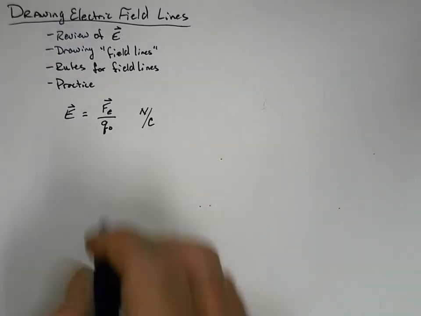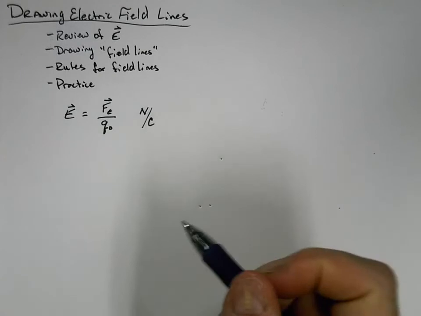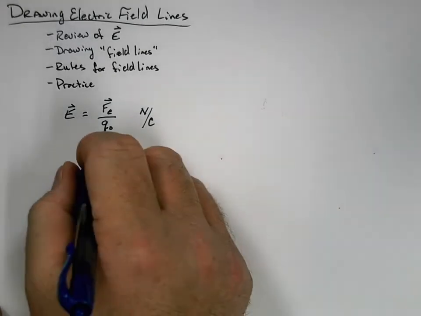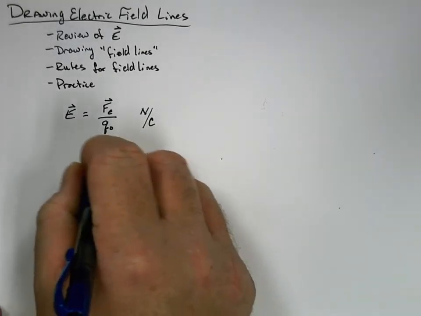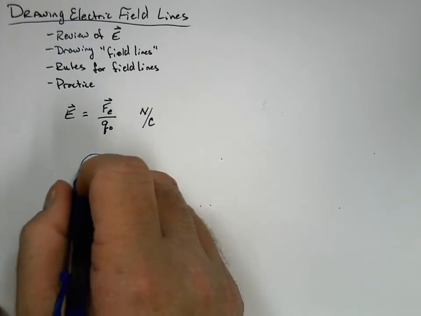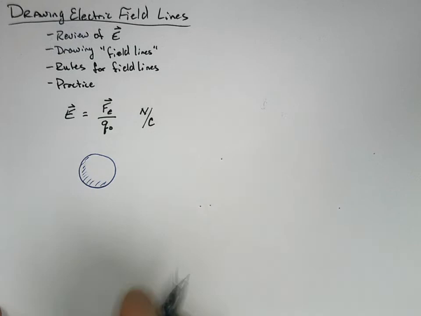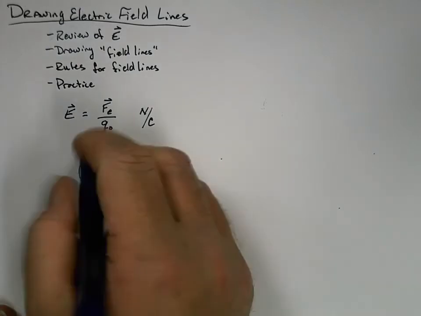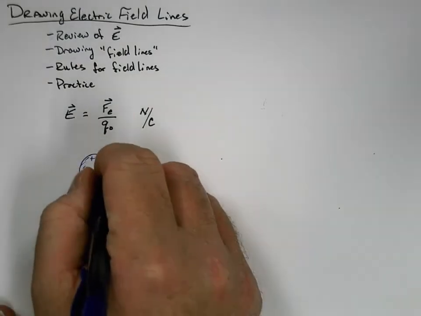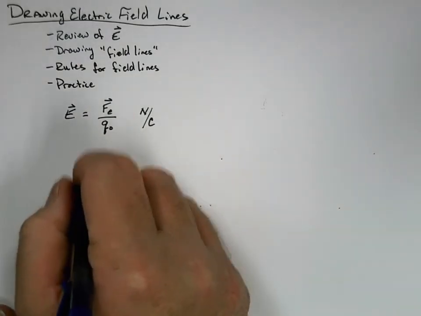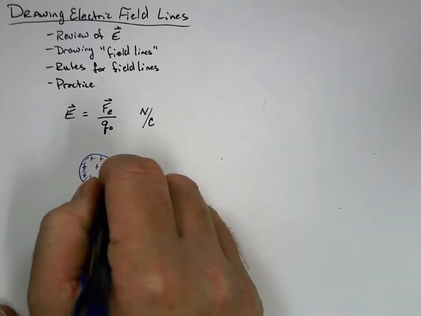So let's imagine we have a sphere. Okay, so we have a sphere, and around the sphere there's a distributed positive charge. So we've got a whole bunch of positive charge on the sphere.